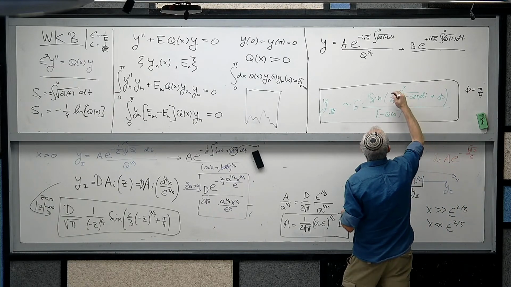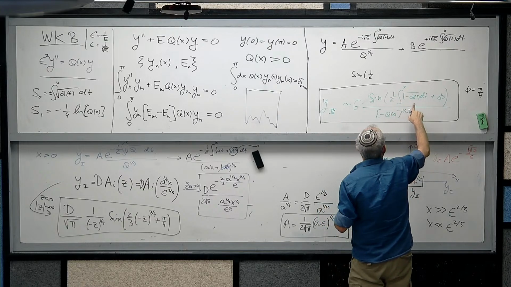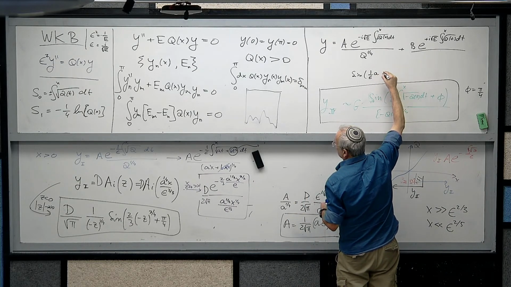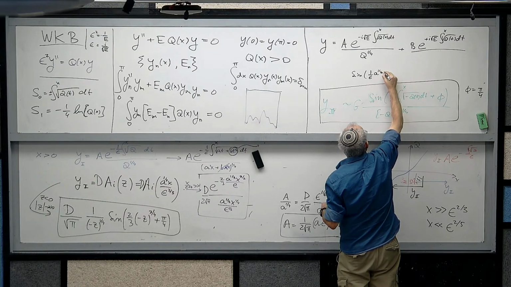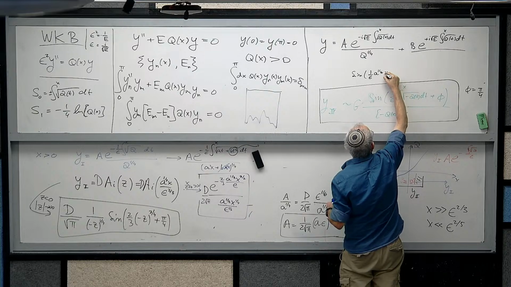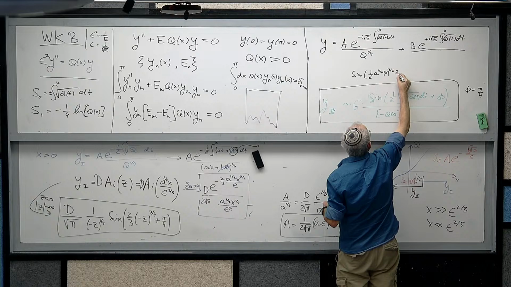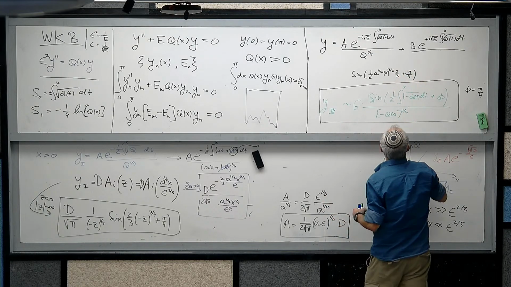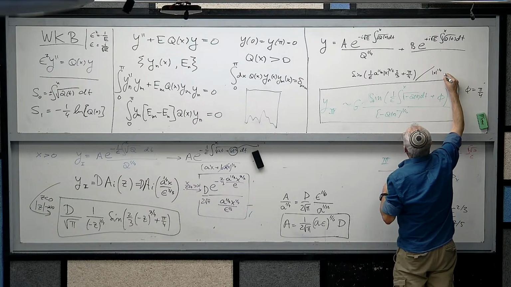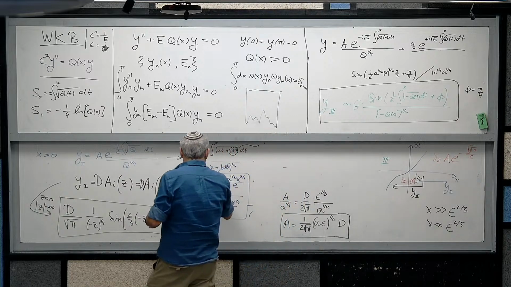Here what I have is sine of 1 over epsilon times this integral, which gives a to the 1/2 times absolute value of x to the 3/2 divided by 2/3, and all this is divided by minus q, which is absolute value of x to the 1/4, and again a to the 1/4. What about this?